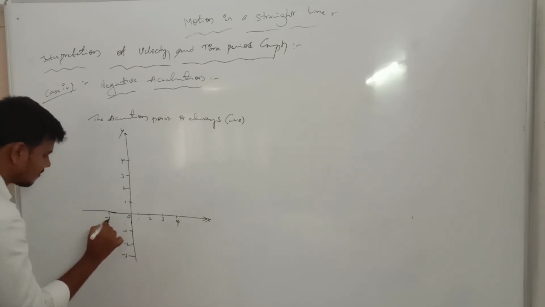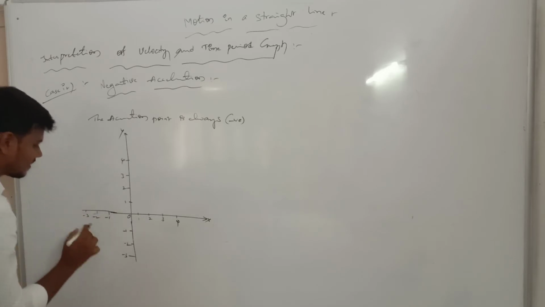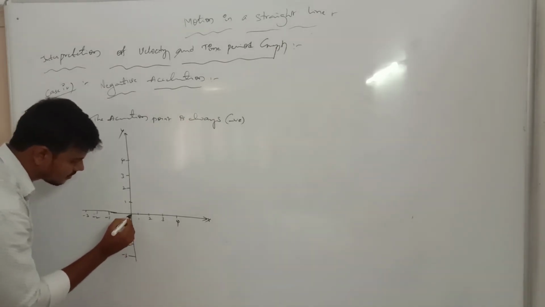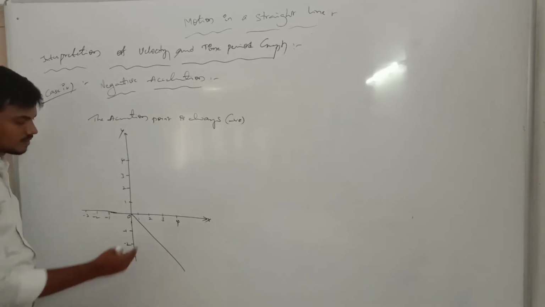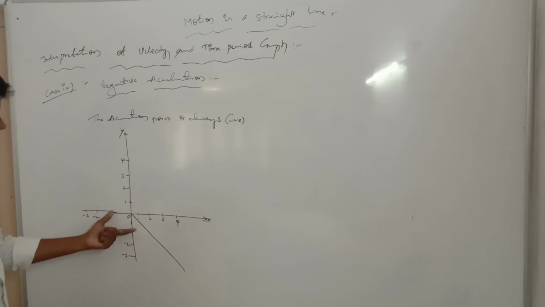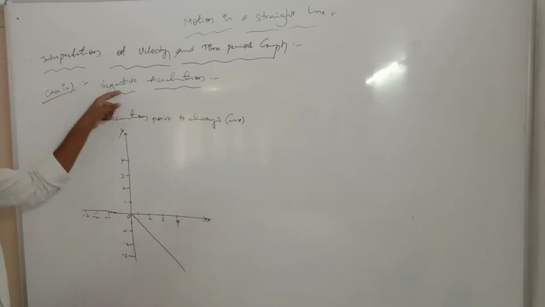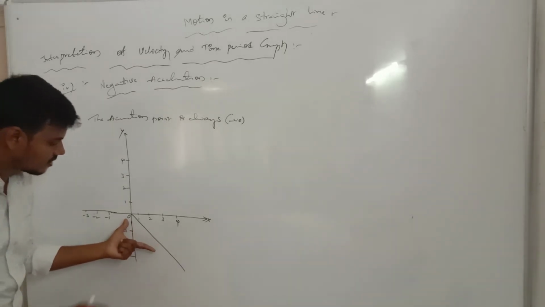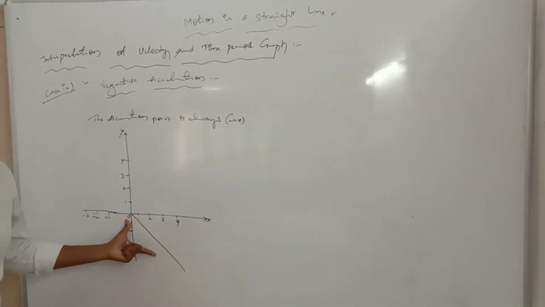Negative means at the 0th position, this is the negative side. Positive applies for some time period, while negative means the acceleration point is always negative. This is case 4, negative acceleration. That's why we take 0 as the origin point, and the straight line goes along the negative path.